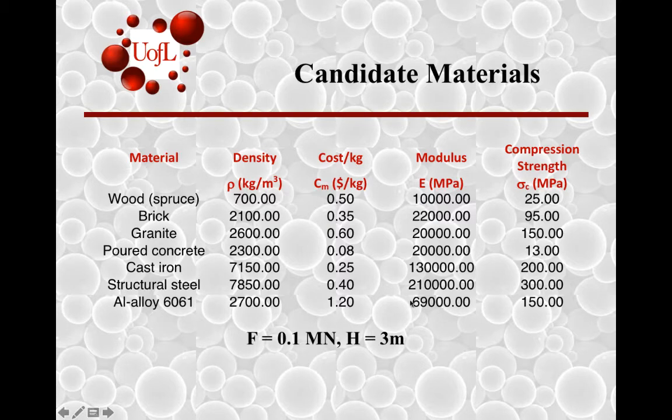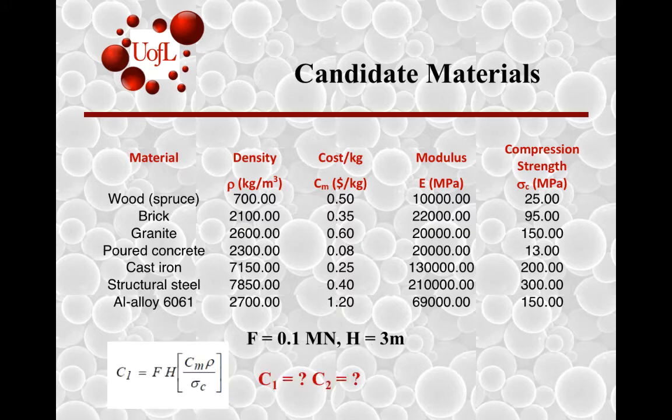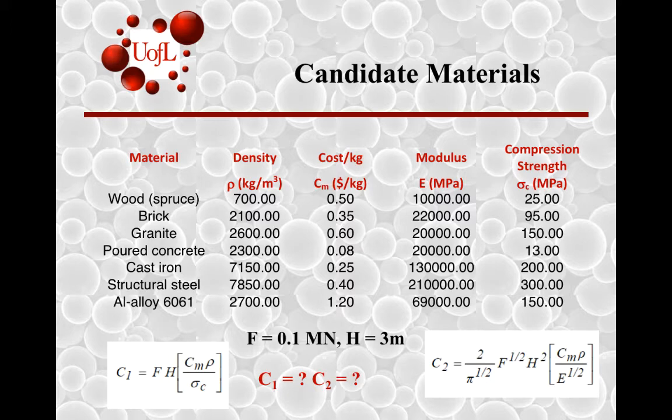Right? So depending upon the first situation where F is 0.1, H is 3, we get to evaluate what is C1 and C2 based on these two equations. The best way to solve this problem is to set this up on an Excel spreadsheet and then set up additional columns for C1 and C2, and then for different values of F and H, create another additional set of columns.